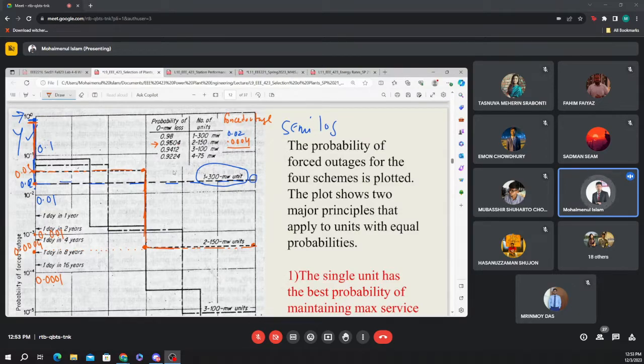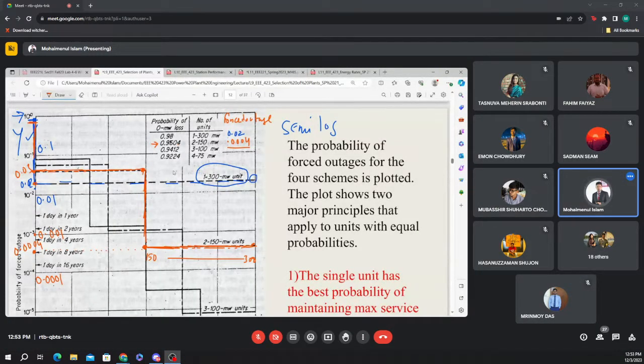So it produces a staircase. That means if you consider your two units are down, forced outage, that value is 0.0004. So from 150 to 300, this line provides that value. And if you consider you have only one 150 megawatt unit, then this line provides that value.